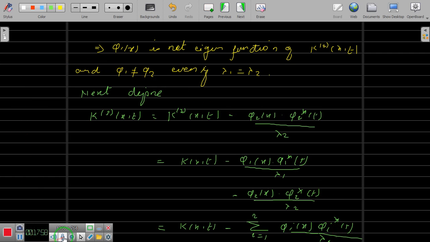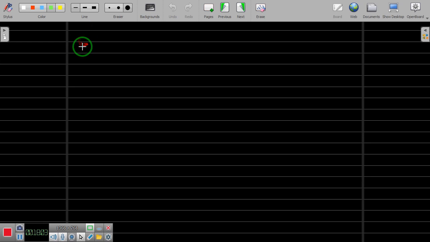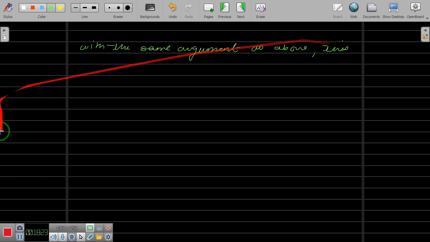So using the same argument we have discussed for k2, the same argument as for k2 above, this will give us lambda 3 and phi 3.